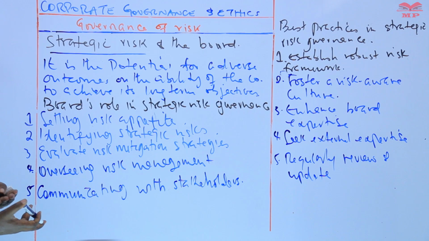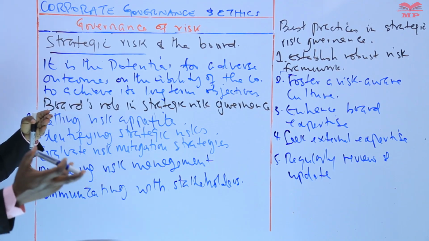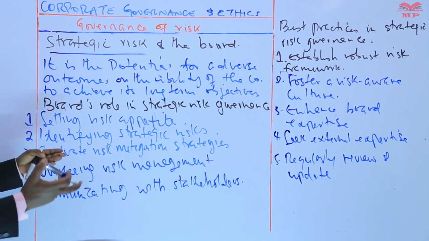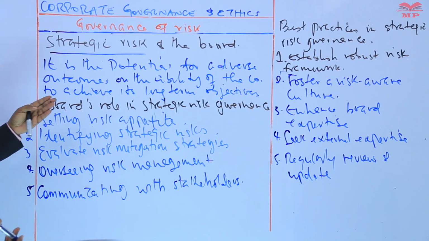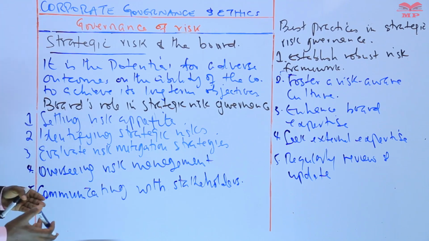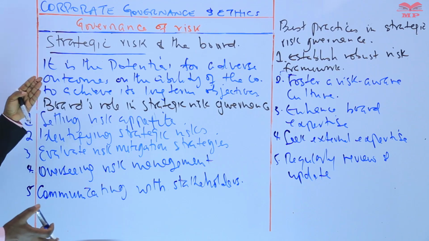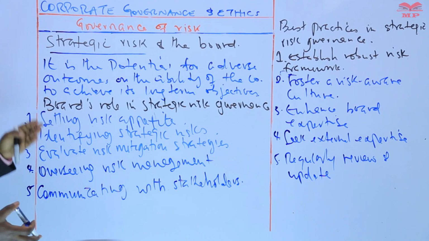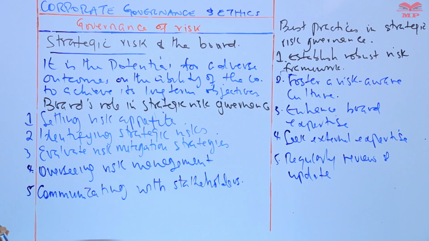So that's all for today's lesson, where we've studied strategic risk and the role of the board in strategic risk governance. We began by defining what strategic risks are: the potential for adverse outcomes on the ability of the company to achieve its long-term objectives.